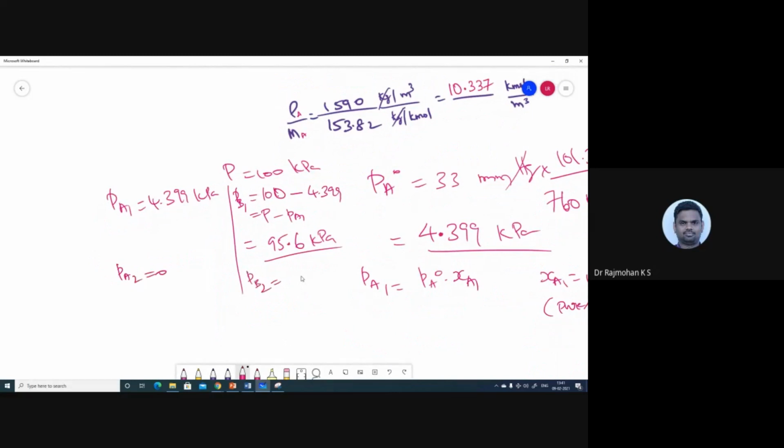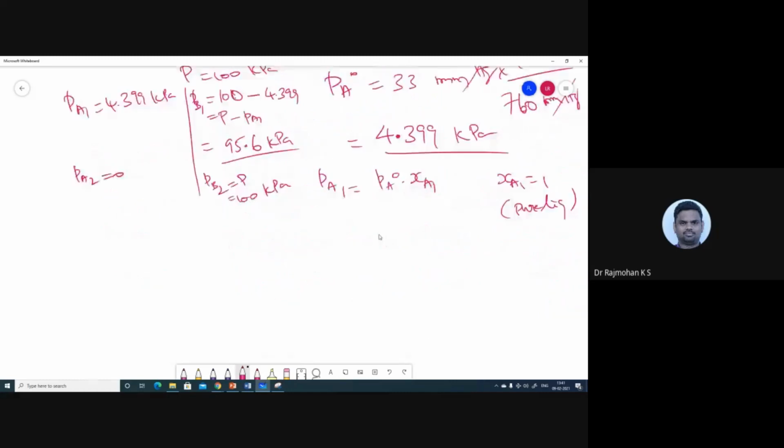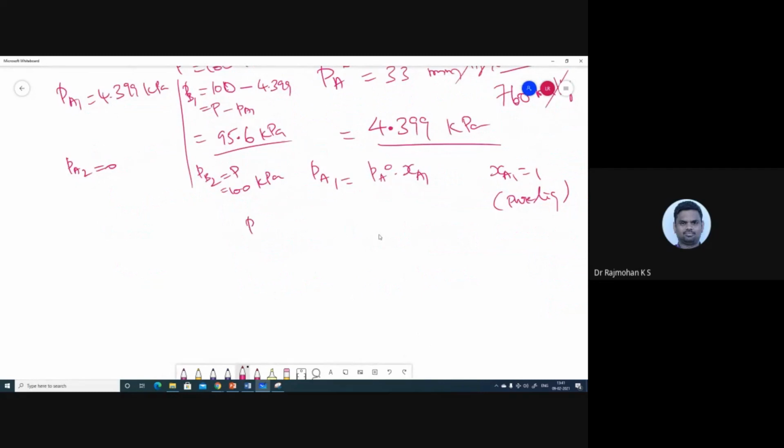Therefore PB2 is total pressure, which is 100 kilopascal. So we can do PA1 minus PA2 value: 4.399 minus 0, 4.399 kilopascal. Then PB2 minus PB1 is 100 minus 95.6 kilopascal.